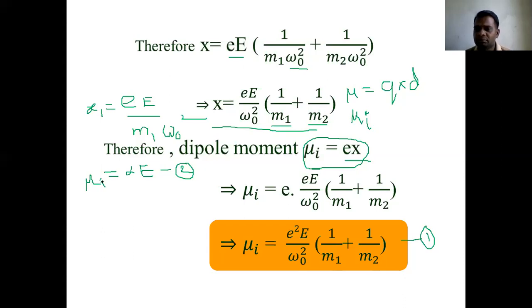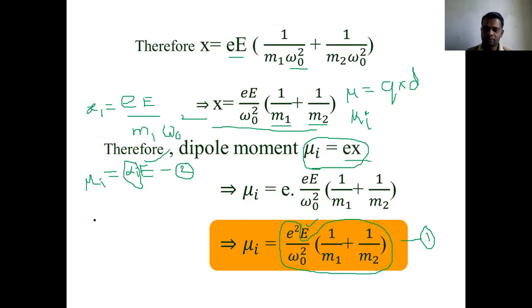Mu is the dipole moment, and I can write simply mu I for ionic polarization. So this is alpha, the ionic polarizability. This is the E and this is the E. In the place of alpha I, this is the alpha I value.